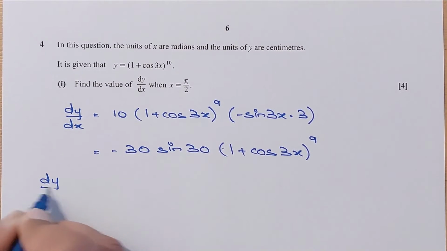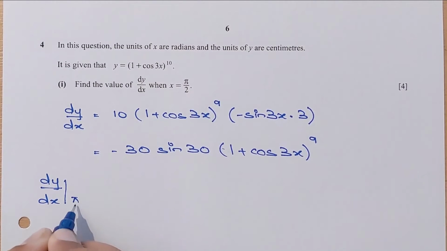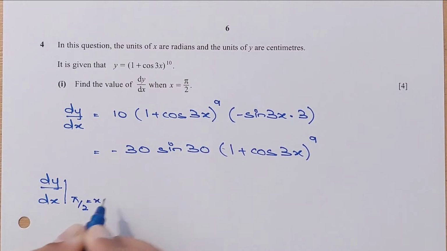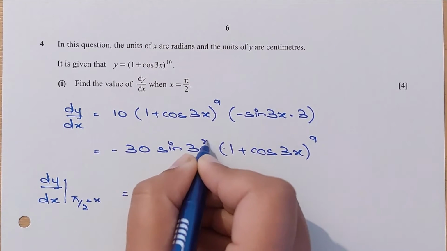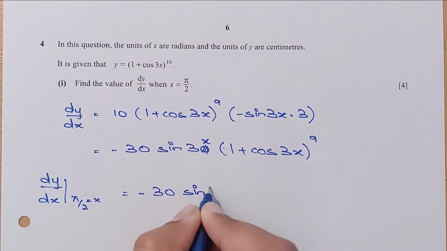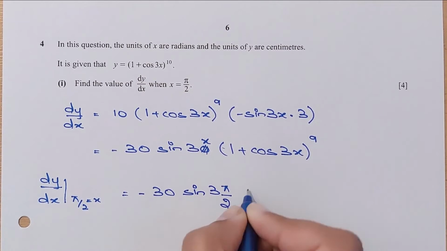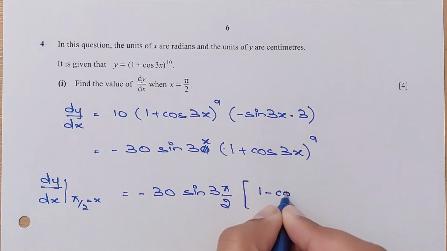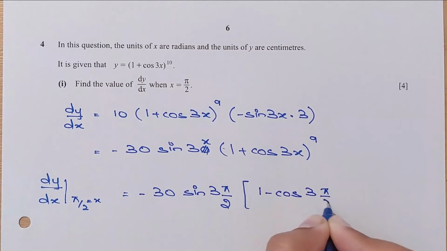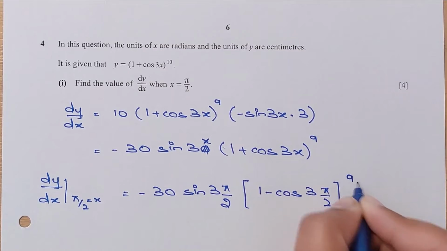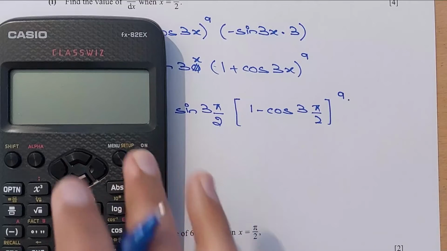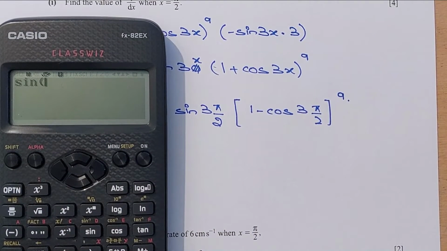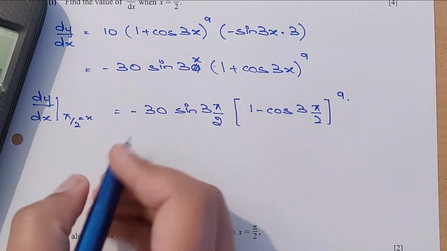Now let me find the derivative at x equals pi by 2. Negative 30 sine 3 pi by 2 into 1 plus cos 3 pi by 2, power is 9. Okay, let me find the answer. Sine 3 pi by 2, in radians, is minus 1.